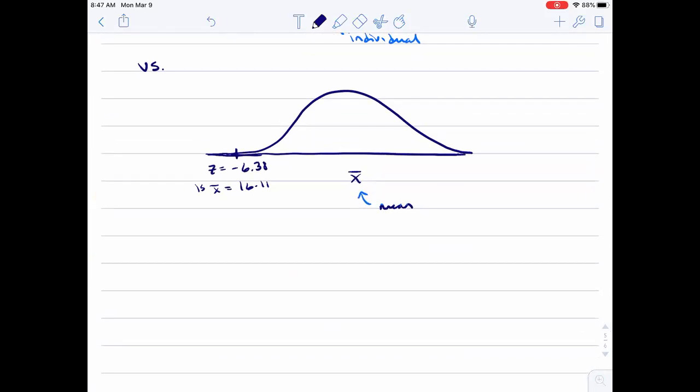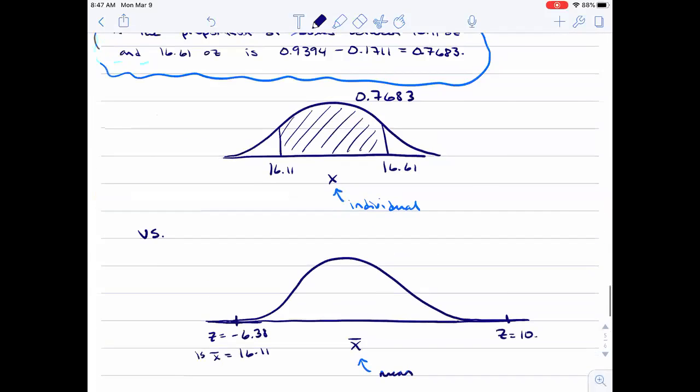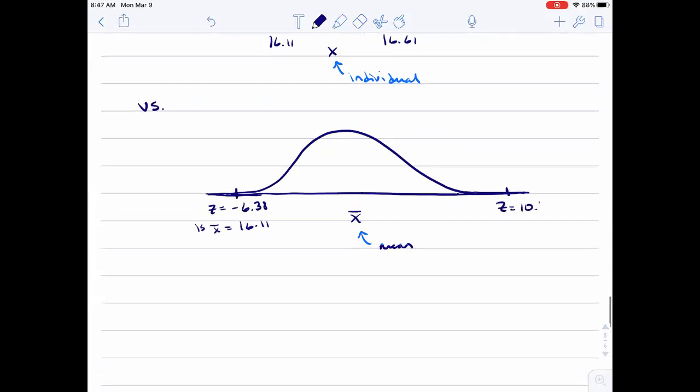And even further out in the upper tail, I've got Z equal to 10.40, which is also X bar equal to 16.61. Because the means are pressed together, they're all hanging out around the population mean, which is here at mu.